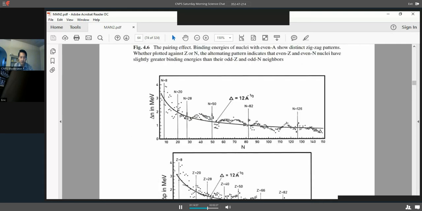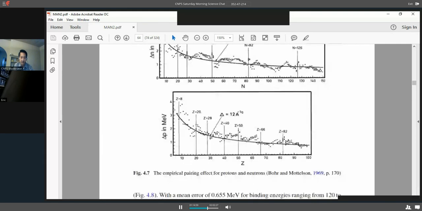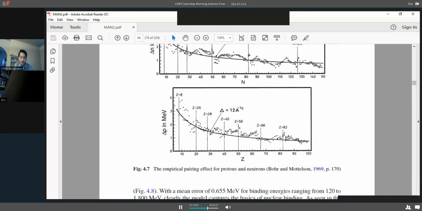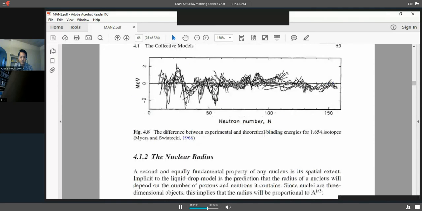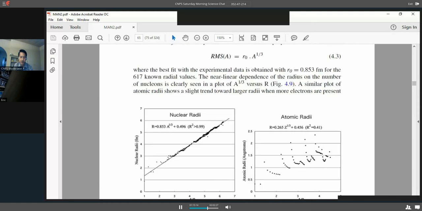We have binding energies here. There's a pairing effect between protons and neutrons. So this is basically an analysis of the liquid drop.